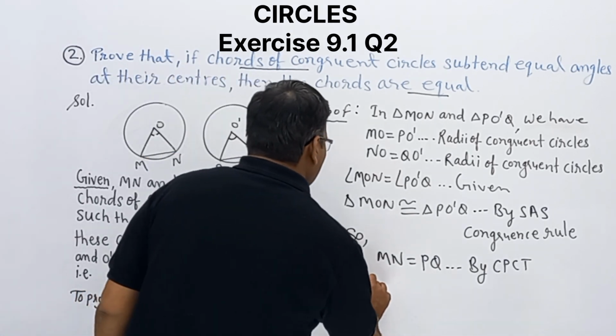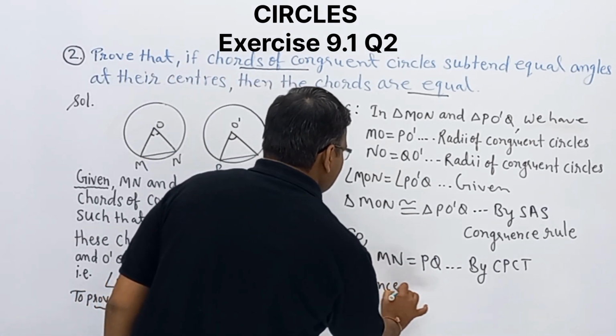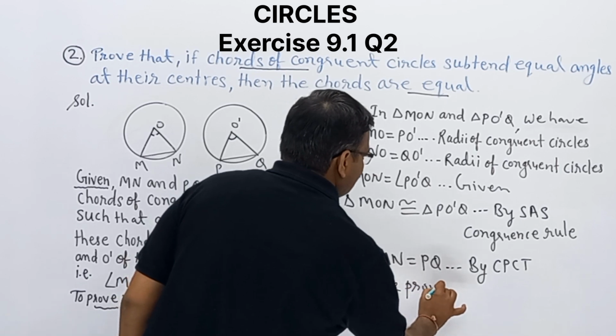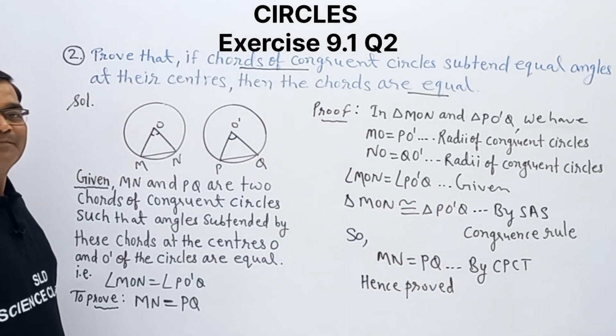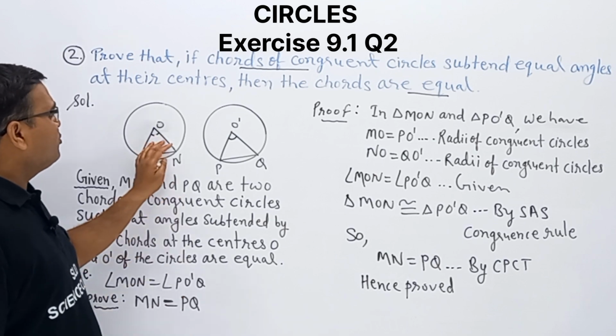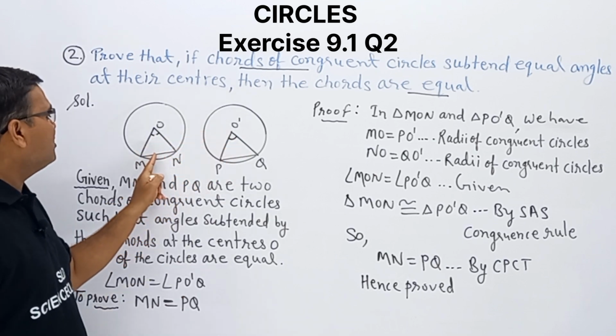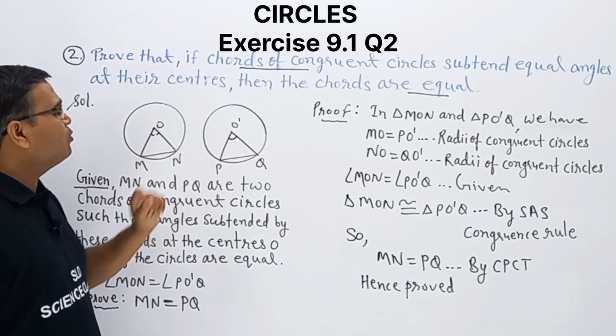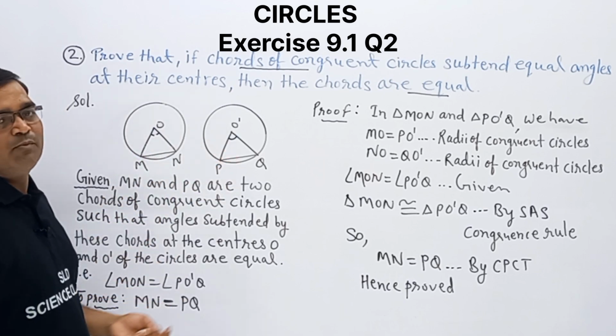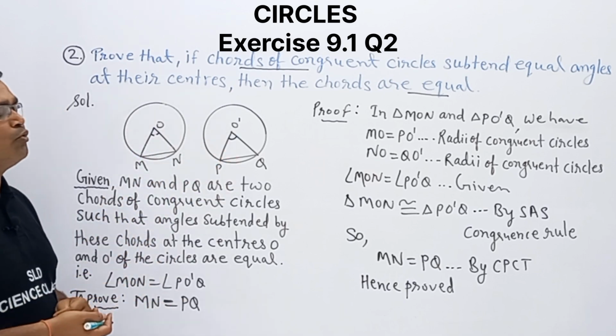Hence proved. This is the proof for this question. Clear? By CPCT, since these two triangles are congruent, this side MN of this triangle will be equal to this one.